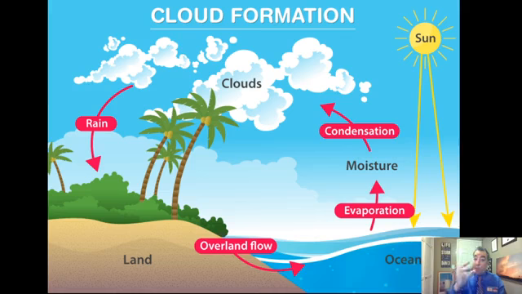Then a process called condensation takes place, which turns those little water particles into clouds, because those clouds are made up of millions of tiny little water particles. Eventually, too much of that water in the clouds falls back down to earth as rain, and then the cycle just continues over and over again.